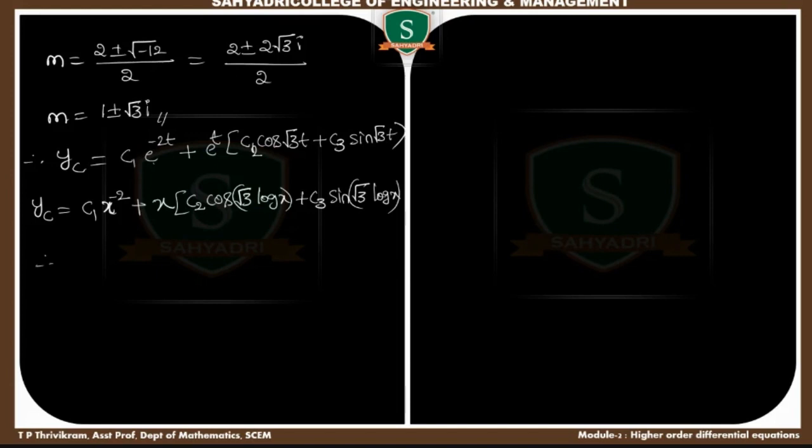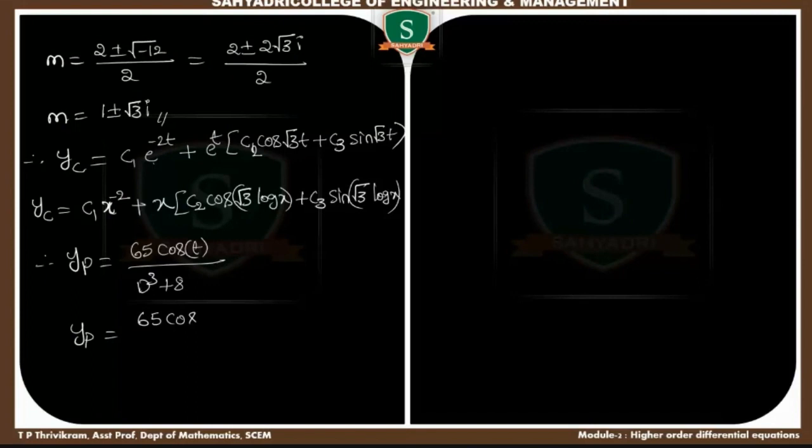So therefore yp is equal to how much? 65 cos t divided by d cube plus 8. Okay, so yp is equal to 65 cos t divided by, here this can be written as d square into d plus 8.